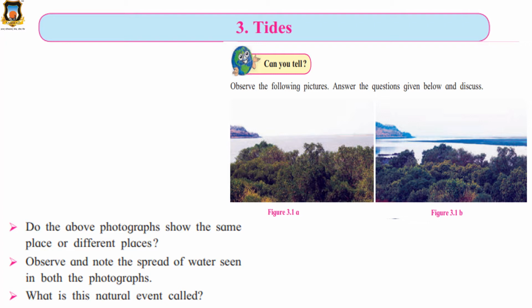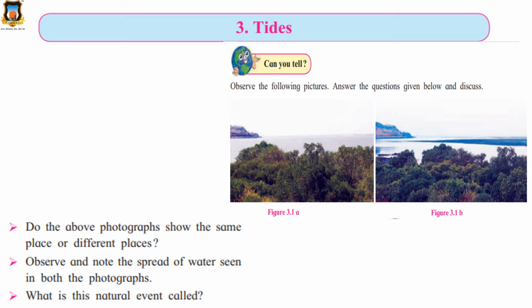Now, before we start, can you see two pictures on the screen? Figure 3.1a, figure 3.1b. Just observe that figure properly and tell me what you can see in that. If you have the textbook, you can observe in that also, or observe on screen.